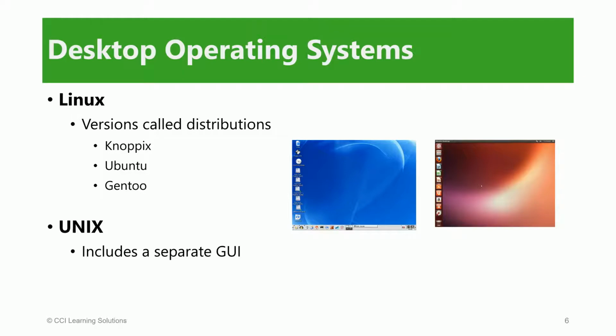And lastly, we have Unix. Unix was the earliest operating system used for computers, and both Linux and Mac OS X have their roots in Unix. The only one that doesn't is Windows, because it came from DOS.